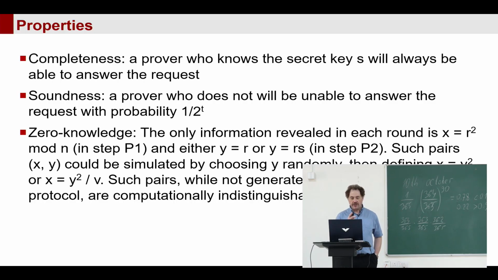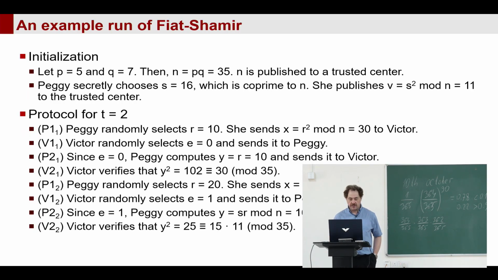As usual, in one iteration, a prover who doesn't know the secret number would only be able to satisfy the request from the verifier if e is equal to 0.